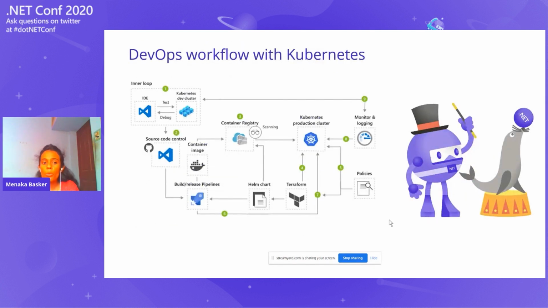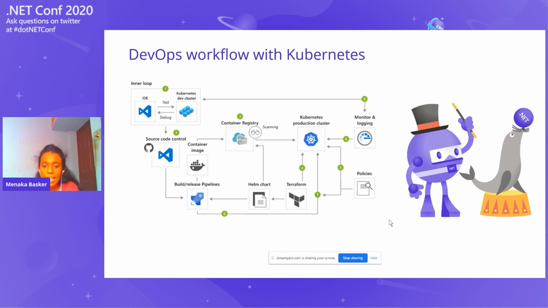So this is how DevOps works with your Kubernetes. My inner loop consists of the IDE where I can create a cluster. Once that is done, I can do my source control. After that, I can use a container registry. Either, as I said, you can use Azure Container Registry, or you can use Docker as a traditional approach. Once everything is done, it will be in my Kubernetes production cluster.